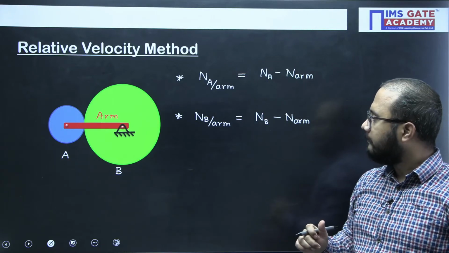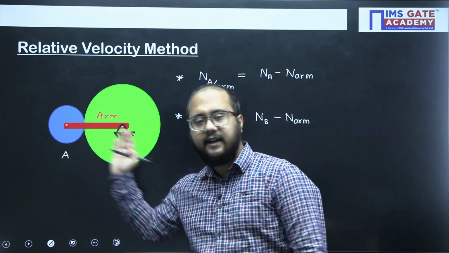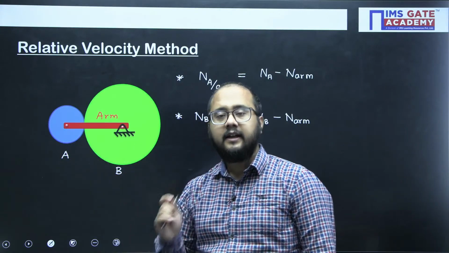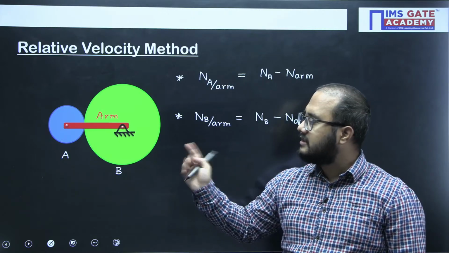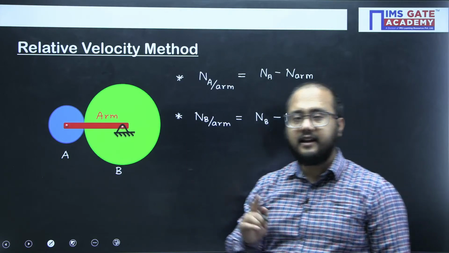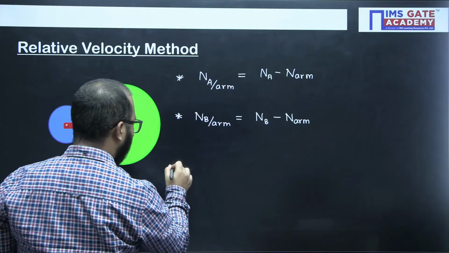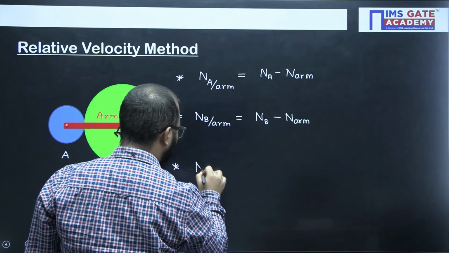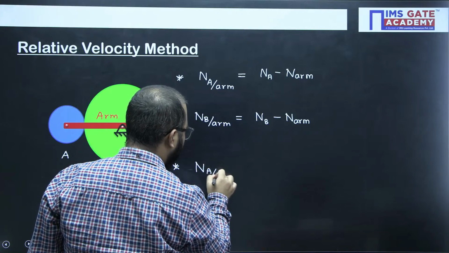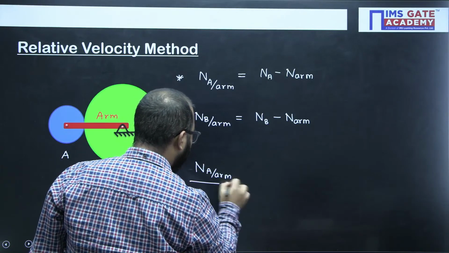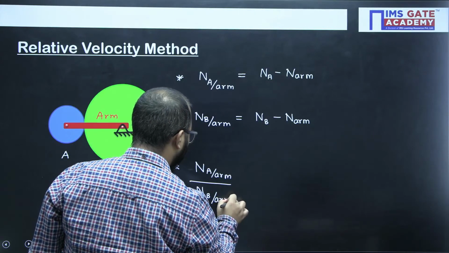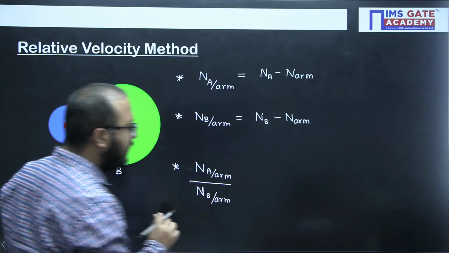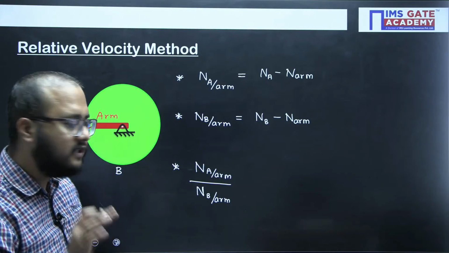Fine. Now one more thing. Gear A and B are in meshing. Right? So when these gears are in meshing, I can write the velocity ratio relation. Speed of gear A with respect to arm, considering the arm as a reference point, guys.